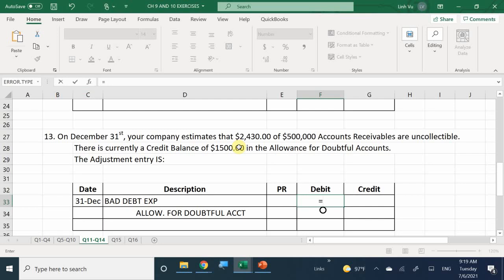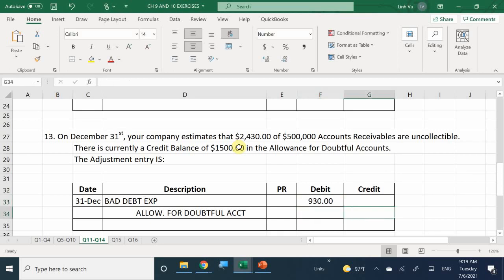We're going to take my 2,430 because that's my estimated amount, right? I currently have a credit balance. So that tells me I must subtract from that account to give me $930. Is that what you said? 930? Yes. Perfect. 930 because in this case, I'm already on the credit side.